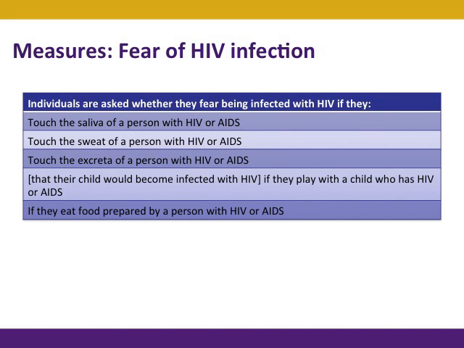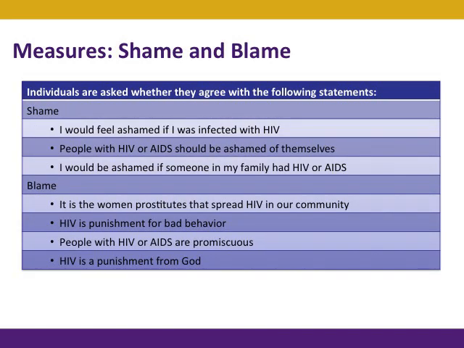Just to give you a sense of the type of measures that can be used to assess fear of infection, these 5 questions are recommended for this domain. So, for example, you might ask people if they fear being infected with HIV if they touch the saliva of a person living with HIV, or the sweat, that sort of thing. There are a few questions to get at the values and social judgment domain. So there are a few to assess shame.